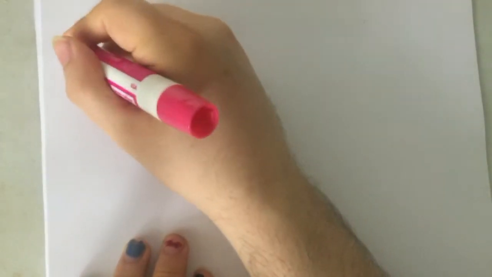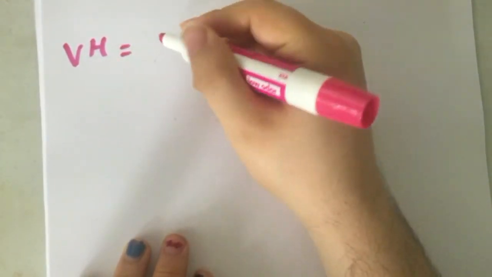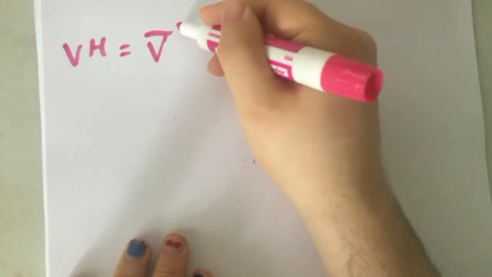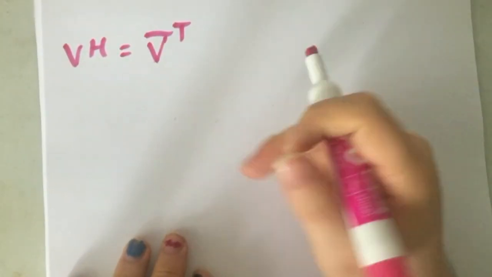We'll say V^H equals V bar transpose, where the bar is conjugation.